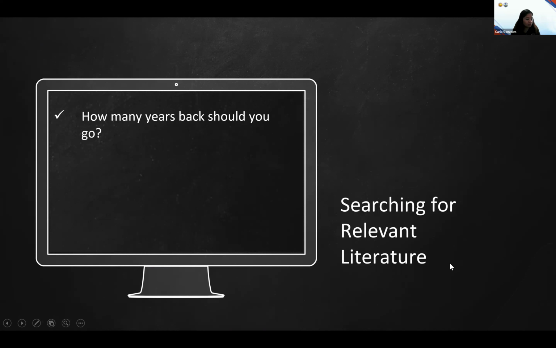So if today is 2025, the oldest that you could get would be around 2020. Okay, so we should not be seeing any studies, for example, according to Gonzalez 2019. Okay, that's already unacceptable. At least start at 2020.